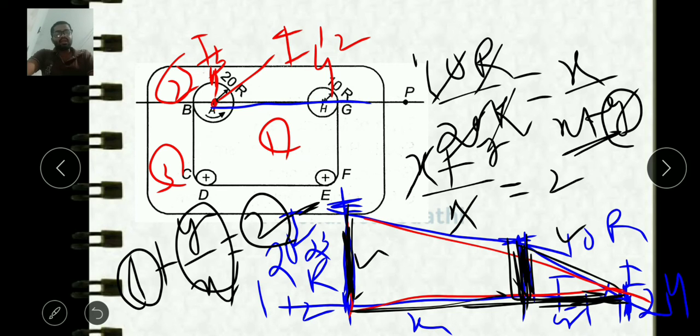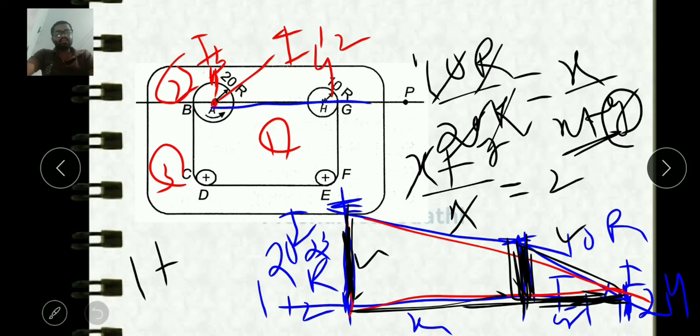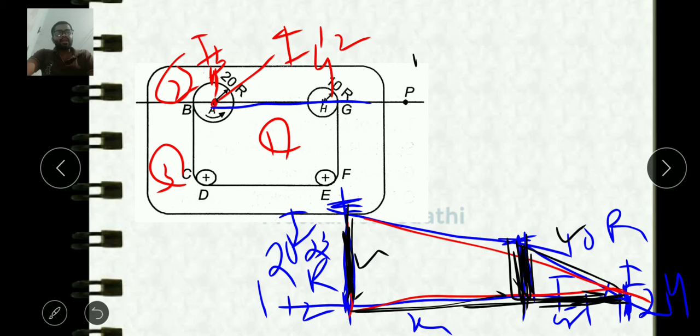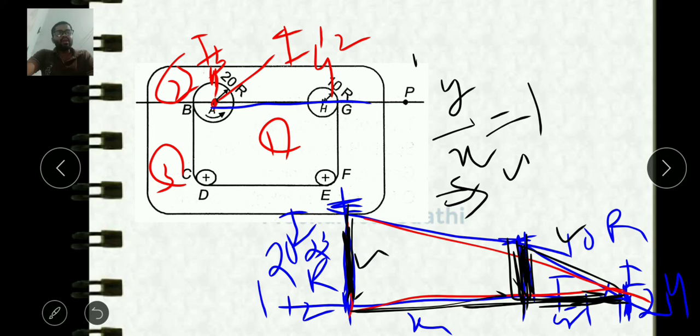So let me erase all these things. Finally, y by x is equal to 1, so we find that y will be equal to x.